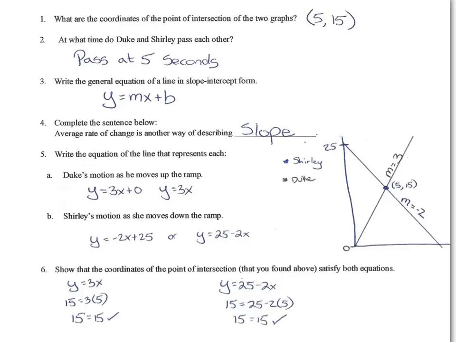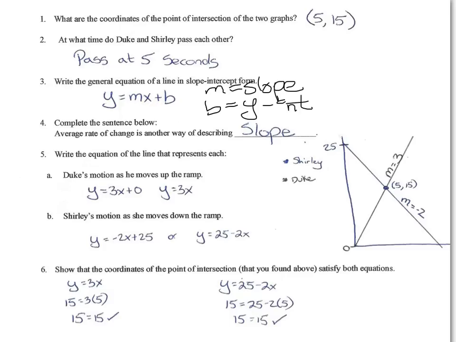Number 5, write an equation of a line that represents Duke's motion. So this is our general equation, y = mx + b. m is your slope, and b was your y-intercept.